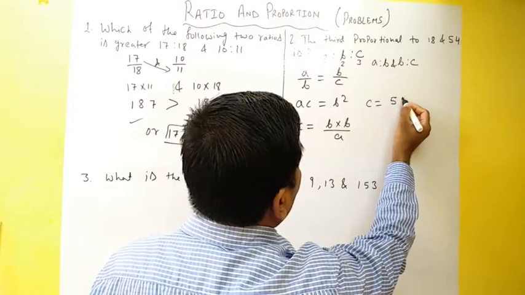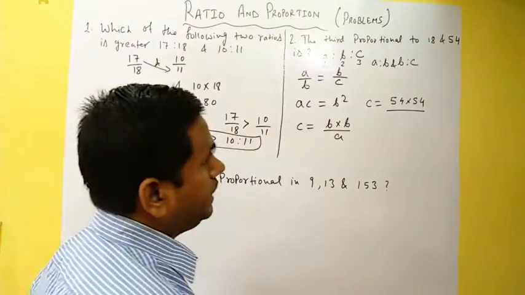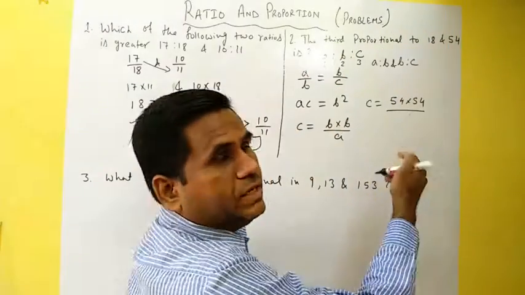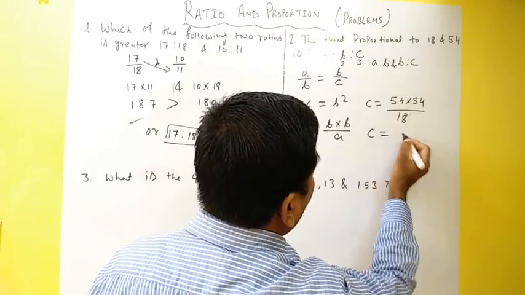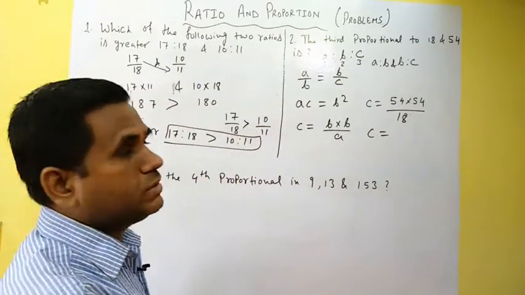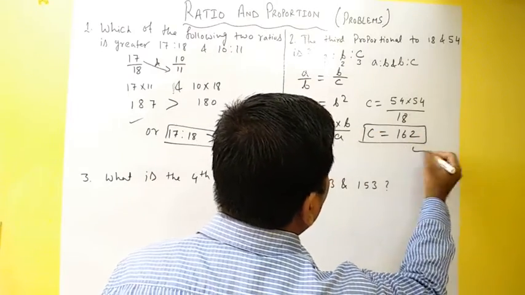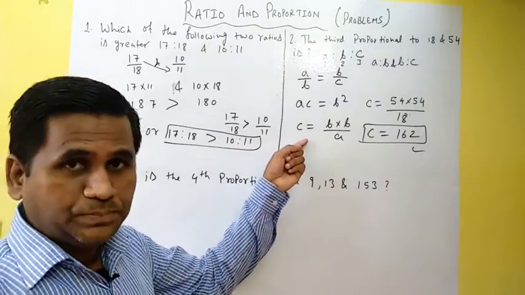So 54 into 54 upon A. A is the first proportional, which is 18. So we will write here 18. Upon calculation, this gives us the answer 162. So 162 is the third proportional. We have solved the second problem also.